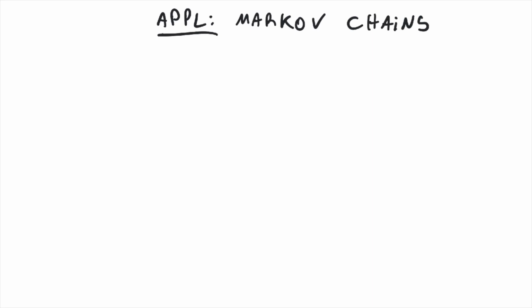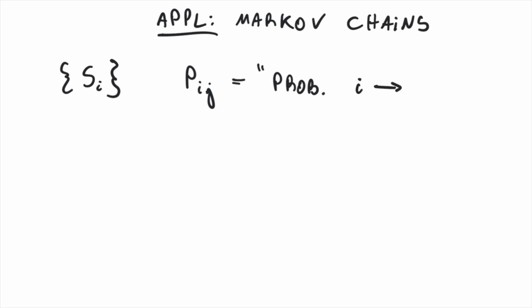You can think that you have a set of states, let's call them Si, and you have some probabilities Pij. This is, let's say, the probability of going from i to j. So being a probability, it's in the range 0, 1.